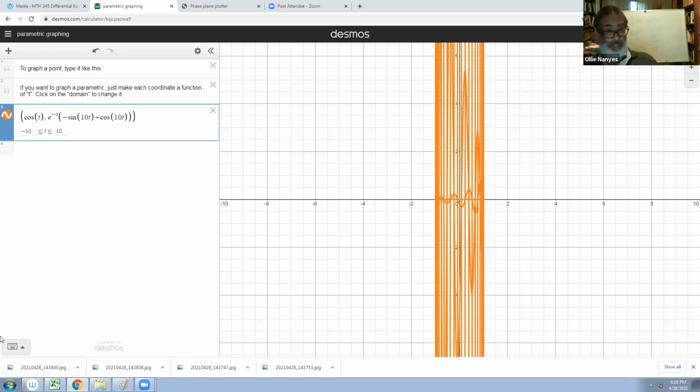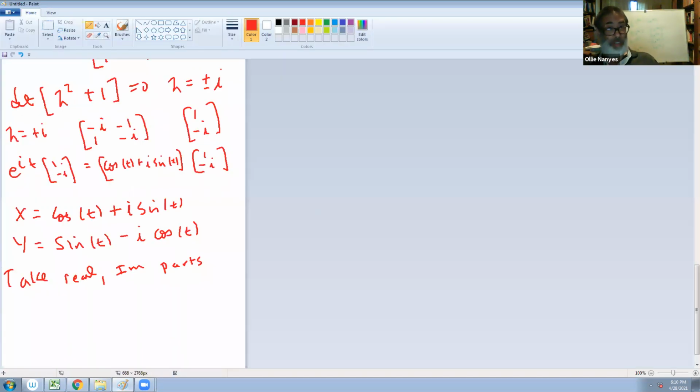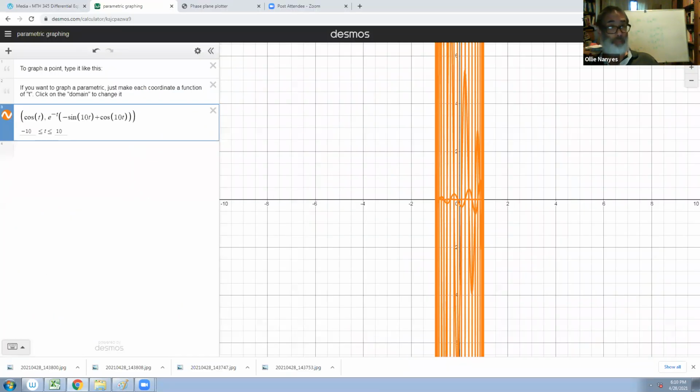All right, let's make sure here. It's cosine of t plus sine of t, because we're taking the real and imaginary parts.